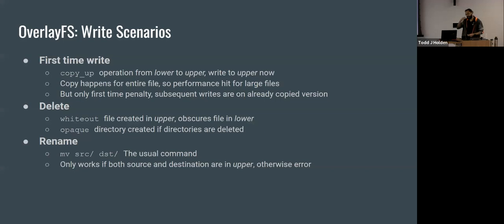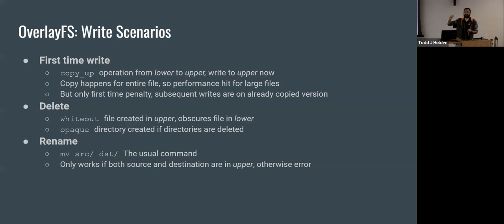Similarly, the write scenario is a little complicated. When it's a first-time write, and this is what I meant by being careful when you write your Dockerfiles, if the contents of a layer haven't been seen before, which means you're adding way too many distinct commands, you have a first-time write, because that upper directory does not exist anywhere. So the first thing it does is a copy-up operation from the last lower to the upper.